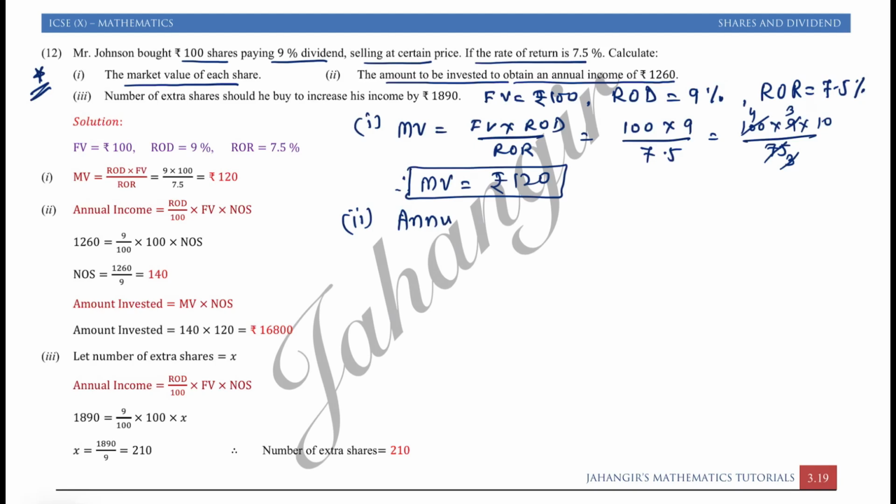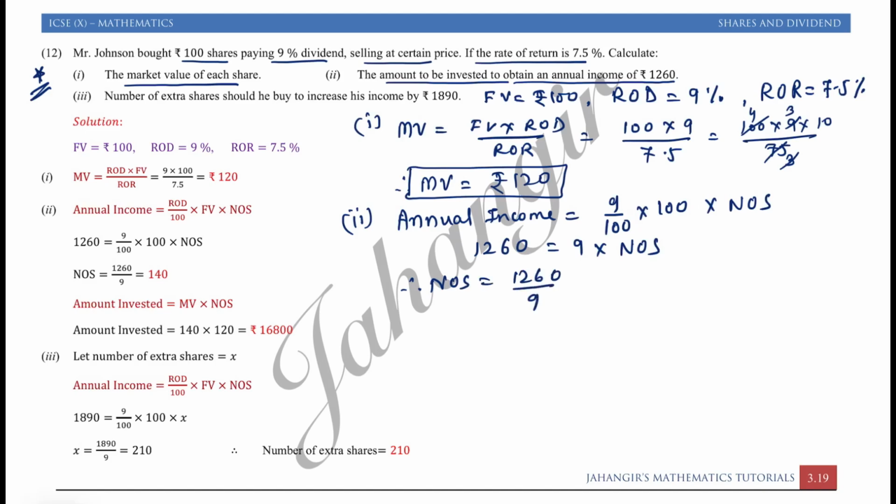The formula for annual income is ROD, the rate of dividend is 9%, upon 100 into face value 100 into number of shares. So annual income, given as 1260, is equal to 9 into number of shares. Therefore the number of shares is equal to 1260 divided by 9. So 9 ones are 9, 9 fours are 36, 140 shares.